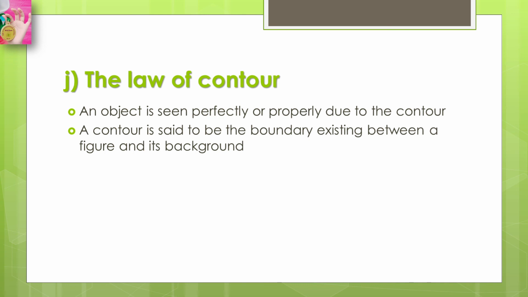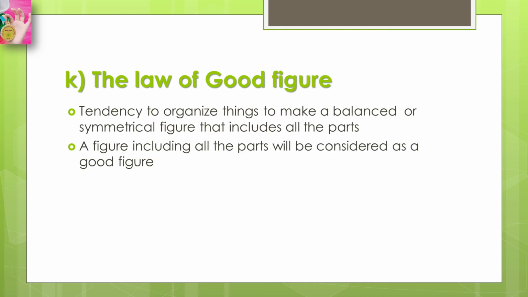Now, the next law is the law of good figure. According to this law, there is a tendency to organize things to make a bounded or symmetrical figure that includes all the parts. A figure including all the parts will be considered a good figure, and this can be organized easily.